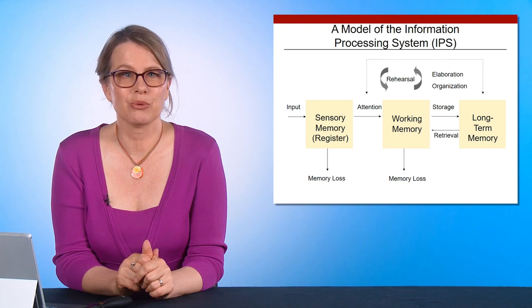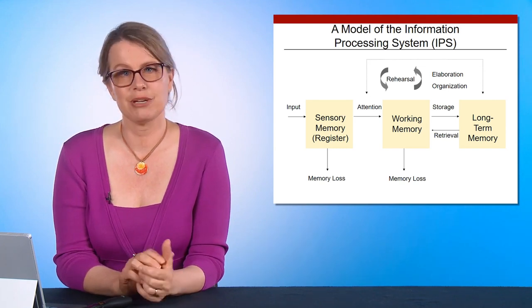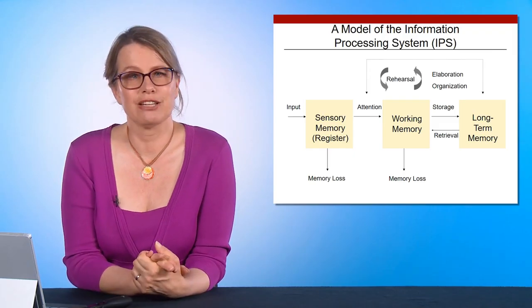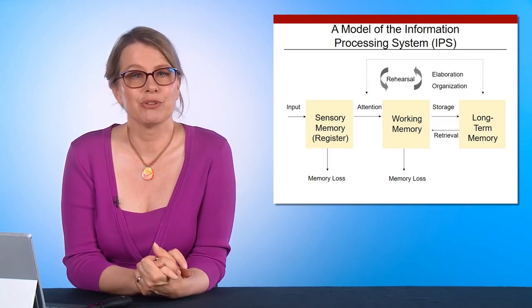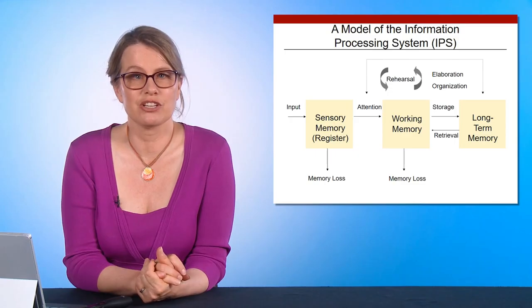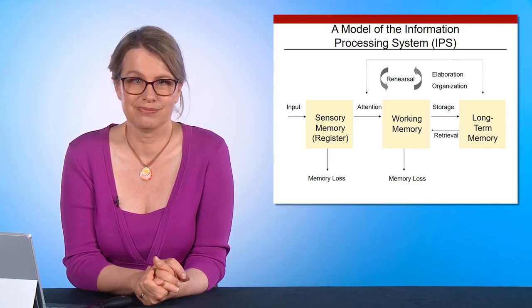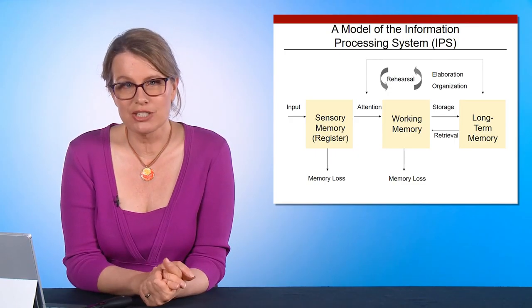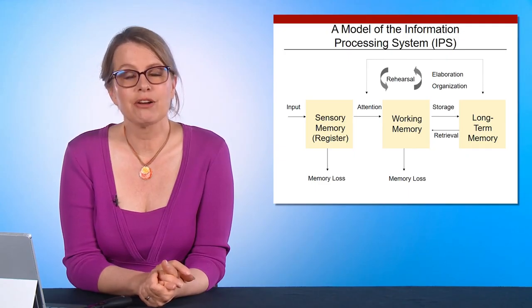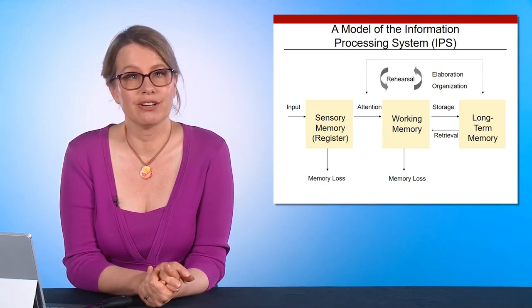Using elaboration and organization particularly is the process of connecting information to what's already stored in long-term memory. And that's one of the reasons why prior knowledge is such an important piece of this model.